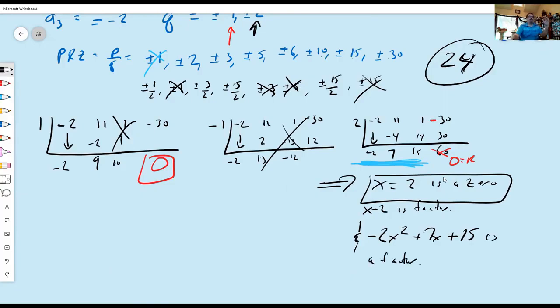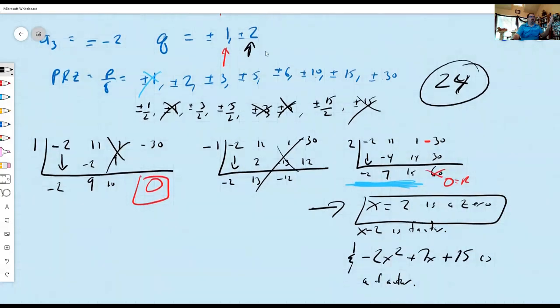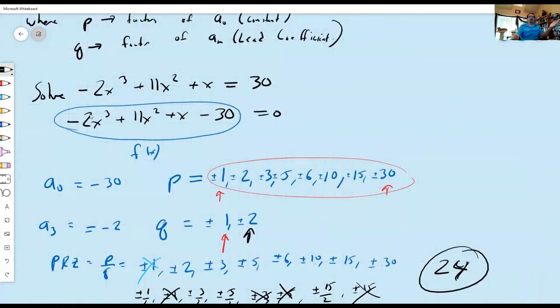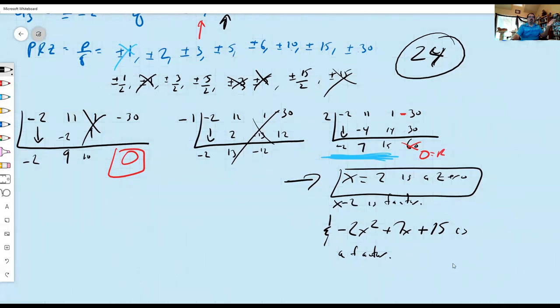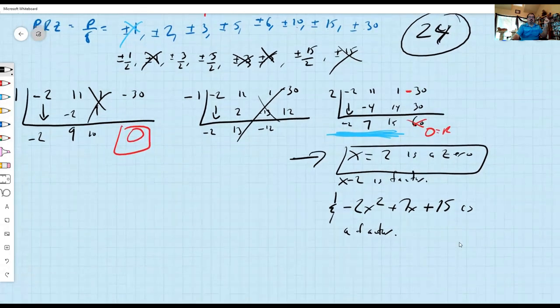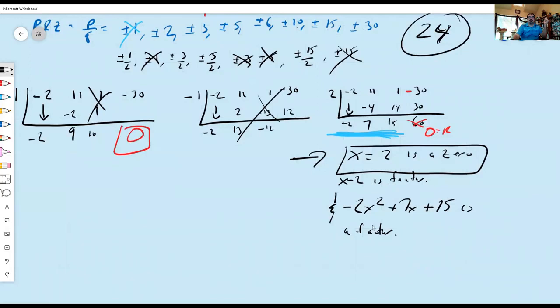So I could keep working with the original f of x, the one way up here. So that means I could go on with these here. Or I can say, well, wait, what can I do with this? Let's just solve the new polynomial.